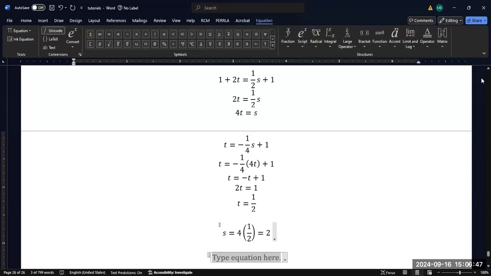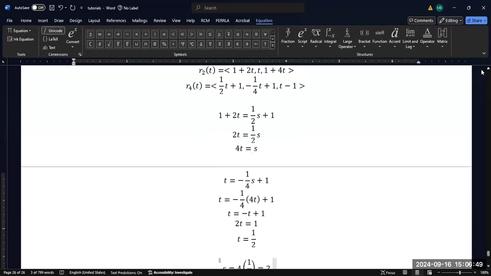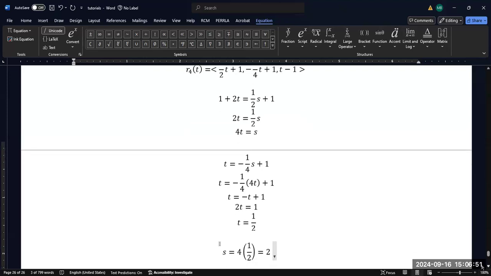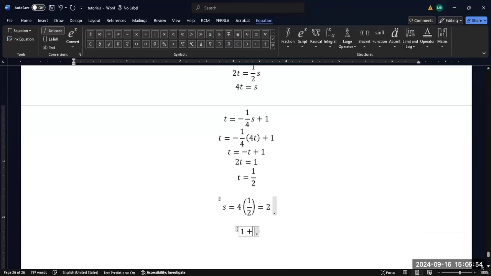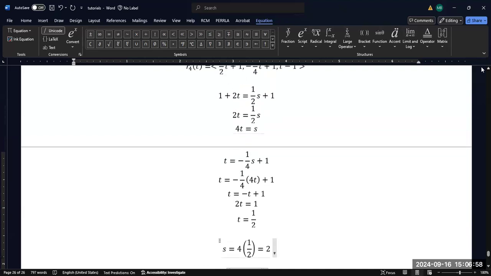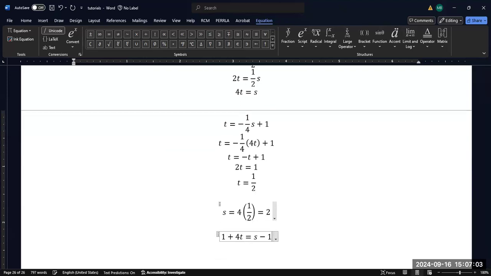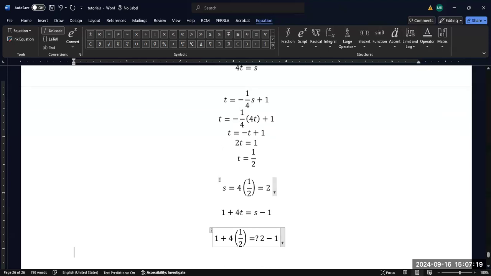And then we check our last components. 1 plus 4t and s minus 1. And so I know that t has to be 1/2, and s is 2.